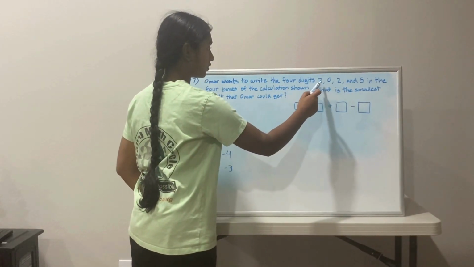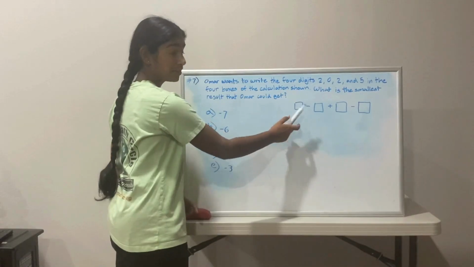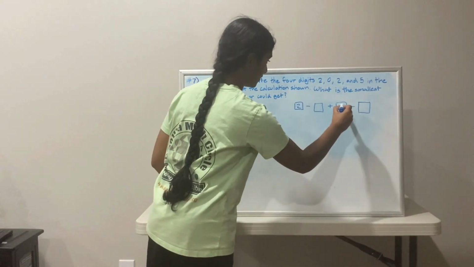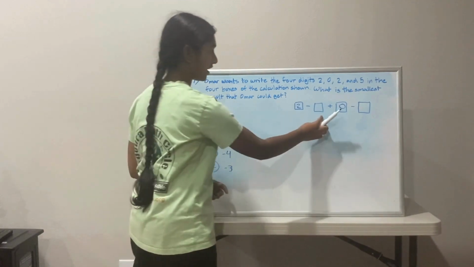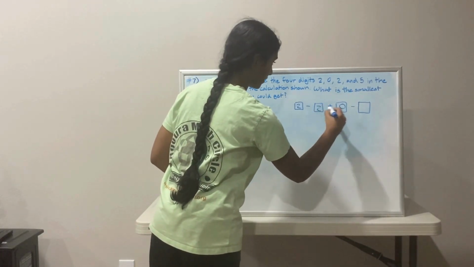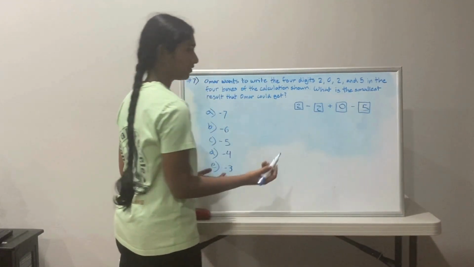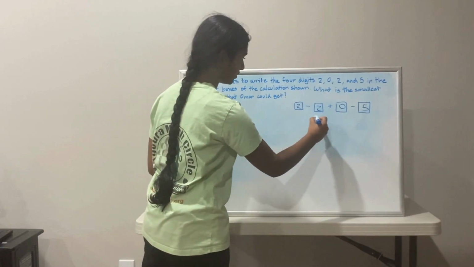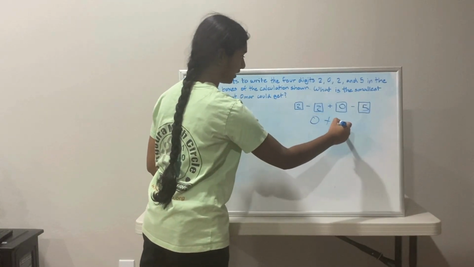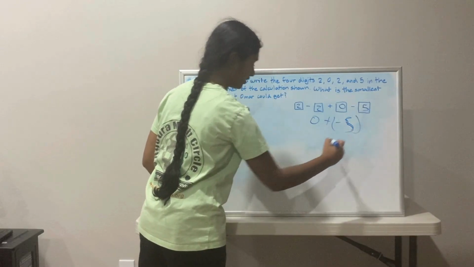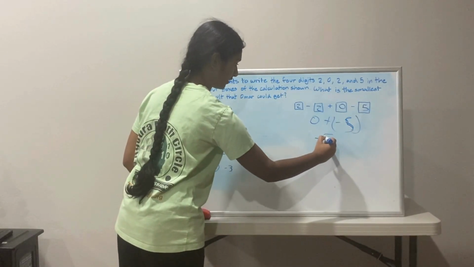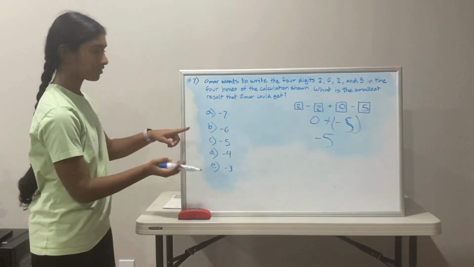So we put our 2 lowest values in the front, so we'll take 2 and 0, and the 2 greatest values, 2 and 5, in our second boxes because that gives us the lowest value. So 2 minus 2, 0, plus 0 minus 5, negative 5, which we end up with negative 5. So our answer is C.